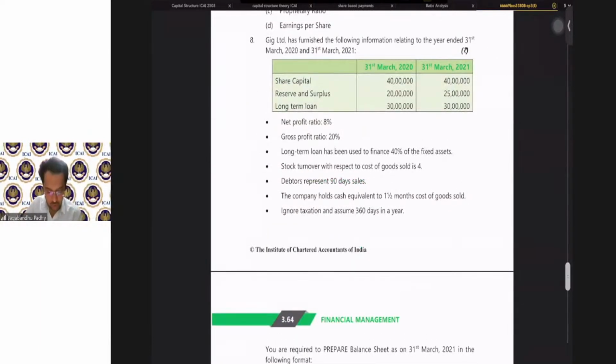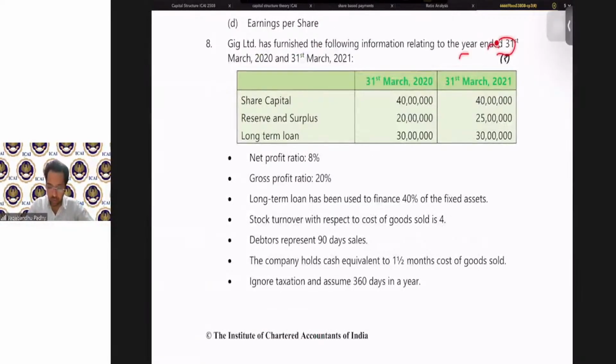Gig Limited has furnished the following information relating to the year ended 31st of March 2020 and 31st of March 2021. Share capital is 40 lakh. Reserves and surplus is 20 lakh, 25 lakh. Long-term loan is 30 lakh. Net profit ratio is 8%. Gross profit ratio is 20%.